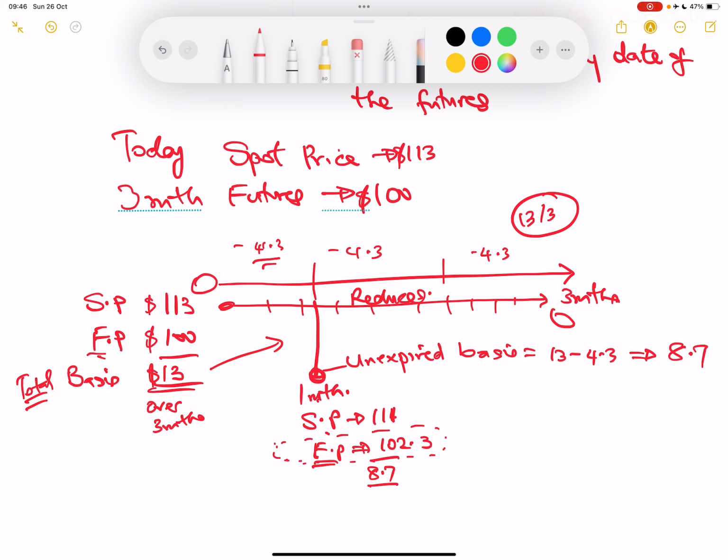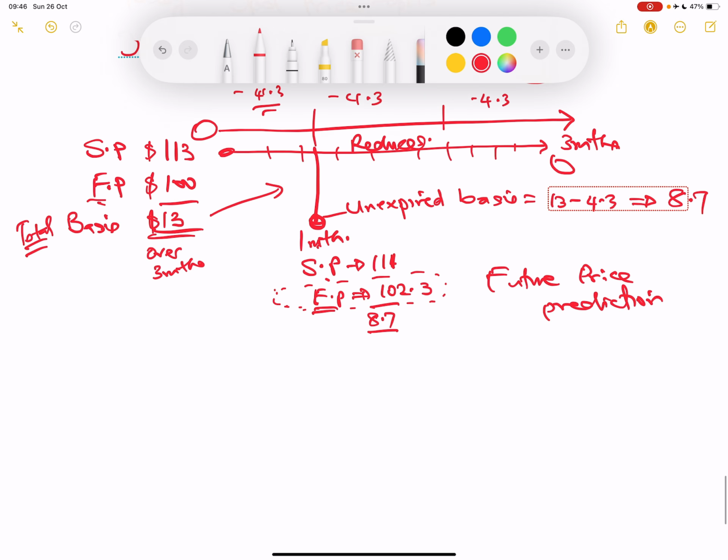Then with that, I can decide what position I'm going to take. But take note, you just need to know this for now because you might need it to predict your future price, and that's why I quickly explained it to you there. Take note of that. So that is it about basis.